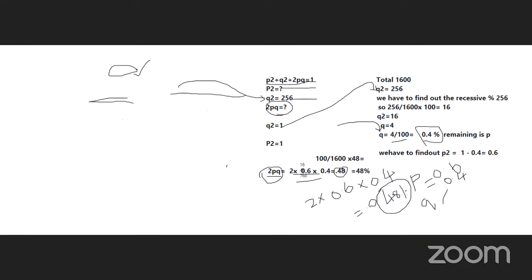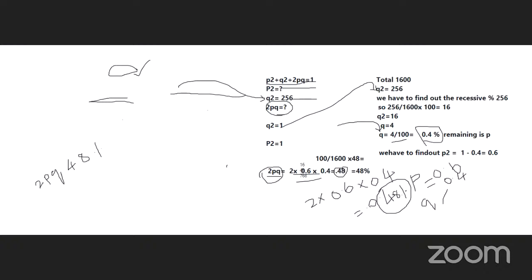Okay, my dear, see here. So 2PQ, you will get 48%, isn't it? 48%. So the answer is what? You know, the answer has been given as 768. How will it come?